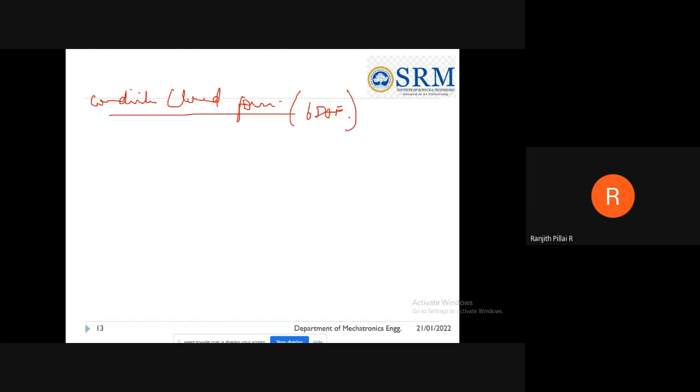For a 6 degree of freedom robot, if you want this closed form solution to be possible, the necessary condition is that it should have a minimum of 3 joint axes intersecting. Please understand the minimum condition.